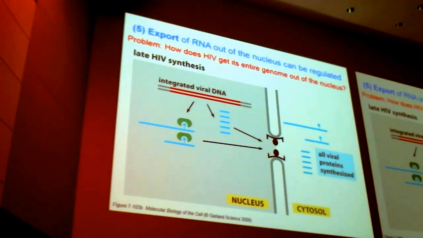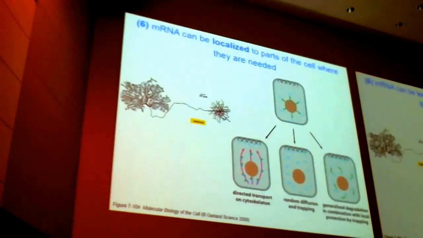Not only that, it helps the unspliced RNA to get out of the nucleus, and now the entire virus can assemble in the cytosol. Okay? So the crux of the matter is you have a protein called Rev, which needs to get made. It's a late protein. Then it goes back into the nucleus, protects the long RNA, ships it out, and now HIV can infect the next cell.